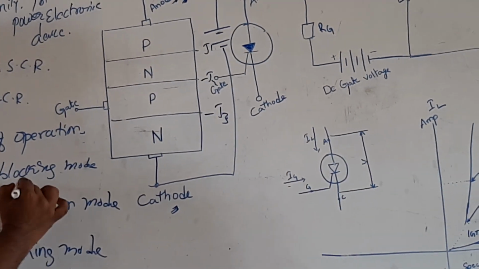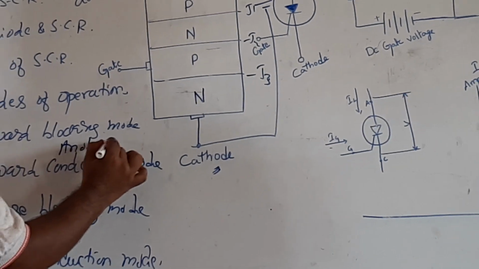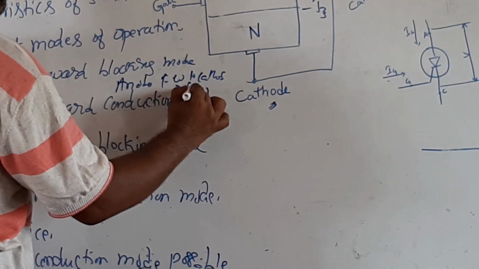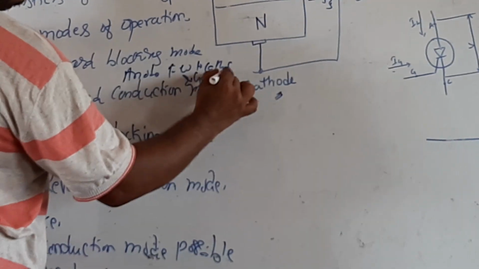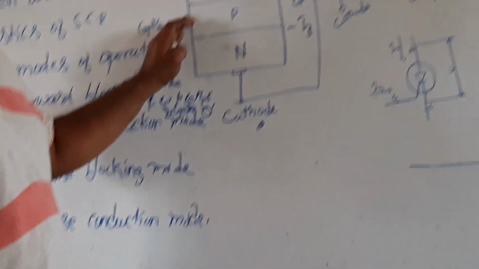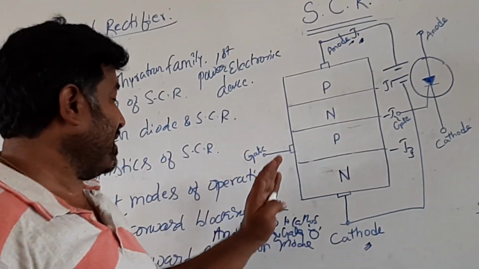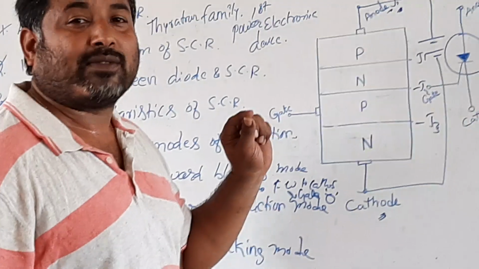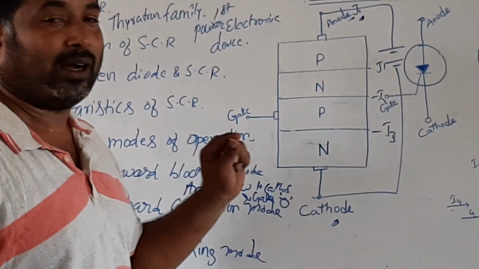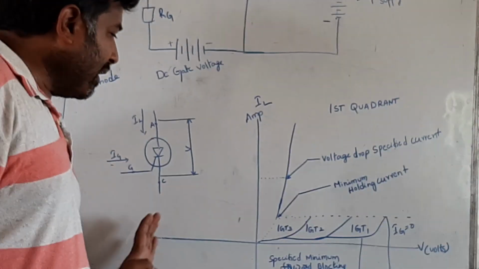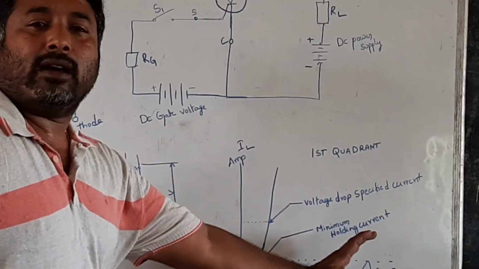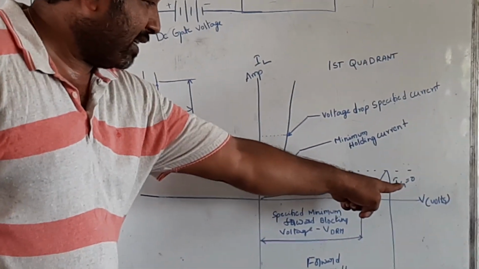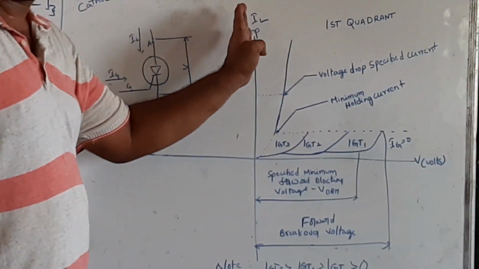In the case of forward blocking mode, anode is forward to cathode and gate is 0, that is, without applying gate voltage. In forward blocking mode, how the voltage versus current characteristics behave, that we have to see. This is the basic characteristic of SCR, with the x-axis as voltage and the y-axis as current.